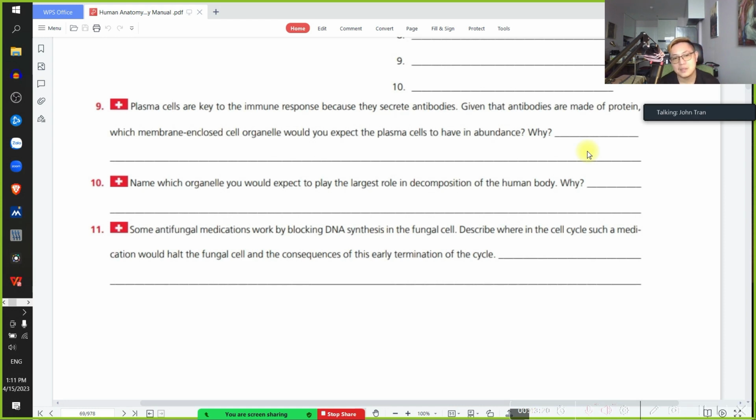Okay, number 10. Name which organelles you would expect to play the largest role in decomposition of the human body and why. Which cell organelles then?